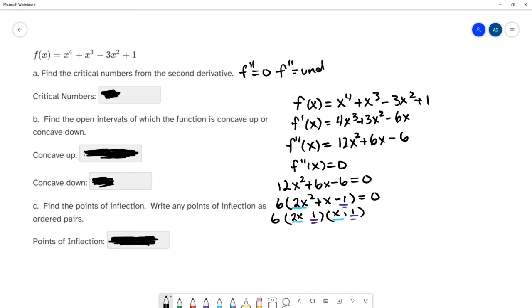Let's see if we can make this work. If we make this one positive, that would give me a 2x on the outside, and if I make this one negative, I would make a negative x on the inside. 2x minus x would give me the right middle term, and when I'm multiplying these two together, I would get the right last term. So I think I've got the right factorization there.